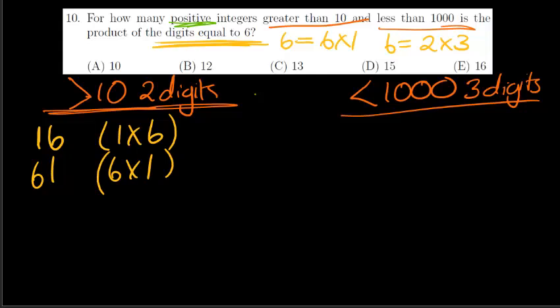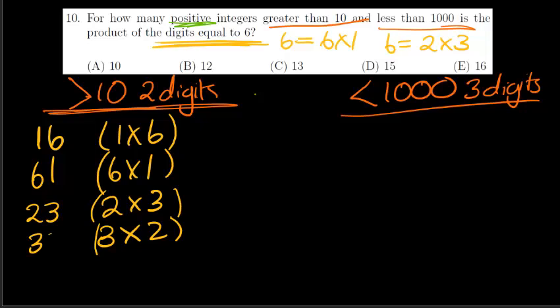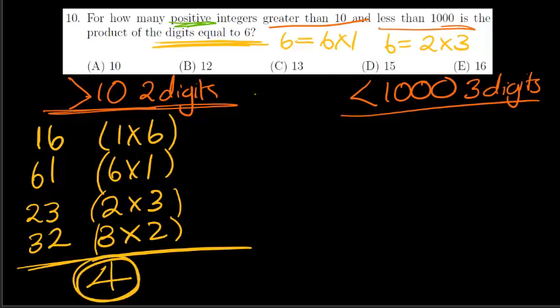When I multiply them, they equal 6. Same thing applies for 2 times 3 and 3 times 2. I'm sure you're in agreement. So this means that I've got 23 and I've got 32. In total, I have got 4 two-digit numbers where, when I multiply the digits to each other, I get a product of 6.